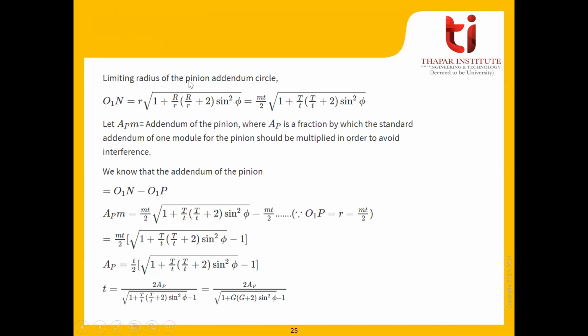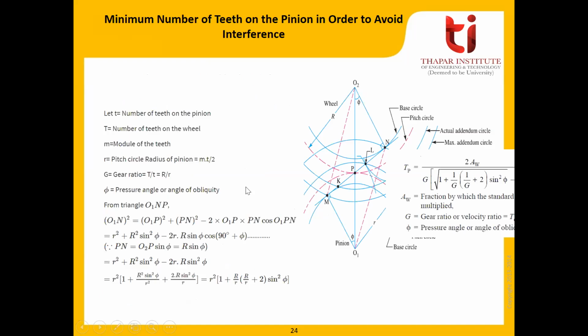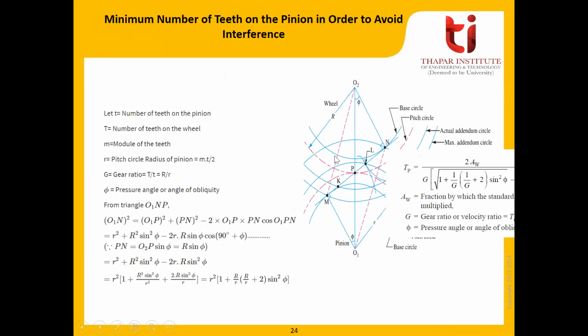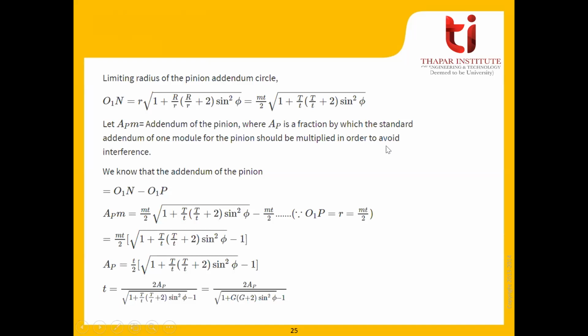O1n, the limiting radius of the pinion addendum circle, is mt divided by 2 multiplied by the square root of 1 plus t by T times this term. Here t by T, the gear ratio, is as we defined here, G. So this O1n is the maximum addendum circle.